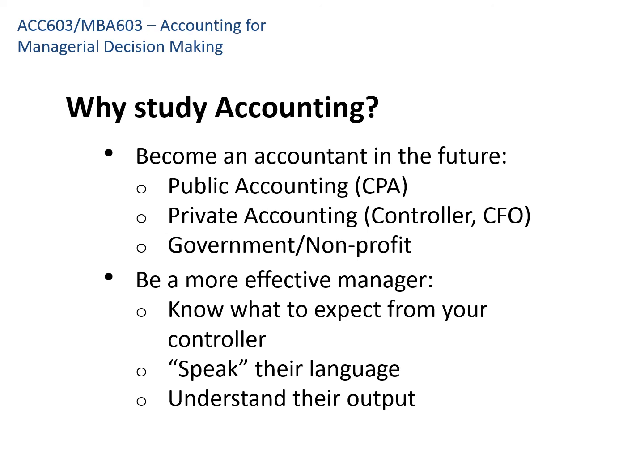It's also important as an effective manager to know what you can expect from your accountant. Believe it or not, some accountants can be lazy. A lot of accountants are trained to focus solely on historical reporting, and they need to be pushed to do things in a different way that can help you make forward-looking decisions. So it's important that you understand what accountants should be able to do for you so that you can demand that of them.